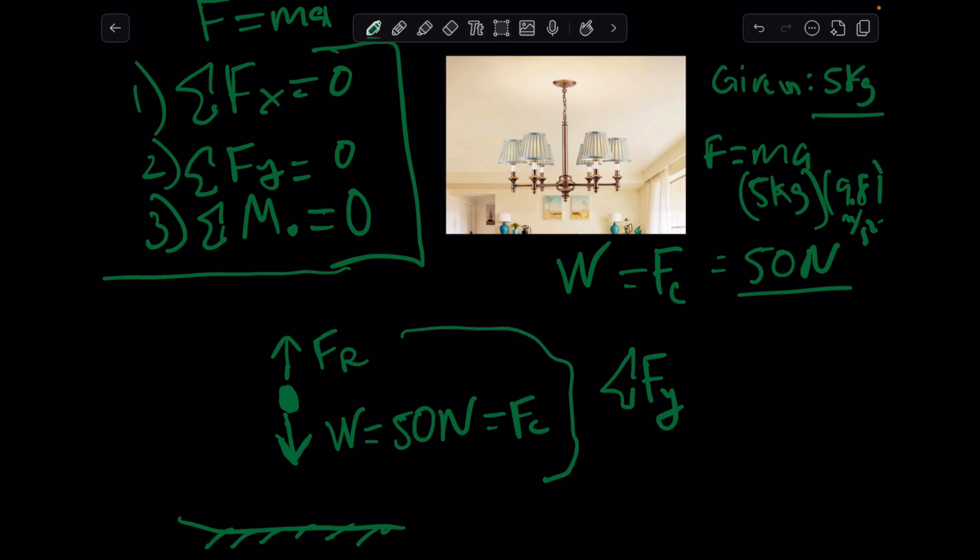They're all acting in the y direction. We can write our equation. So FR going up from our rope, we can just assume it's going up, right? Assume it's going up. FR. Let me make this neater.